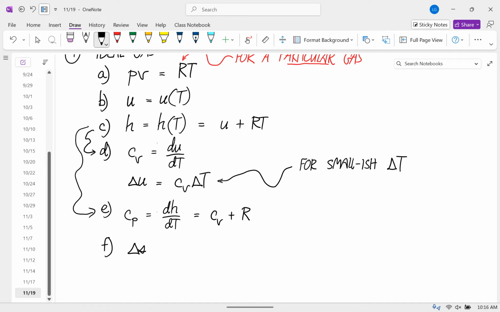The first one says Cp times the natural log of T2 over T1 minus R natural log of P2 over P1.